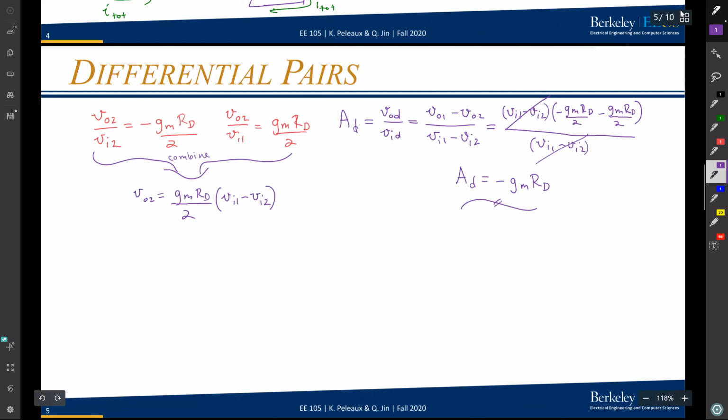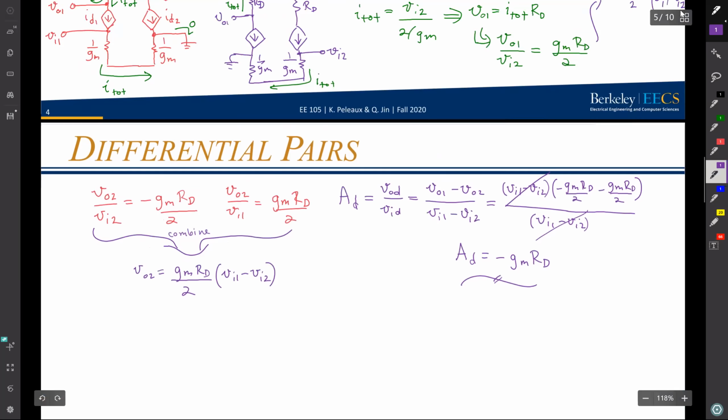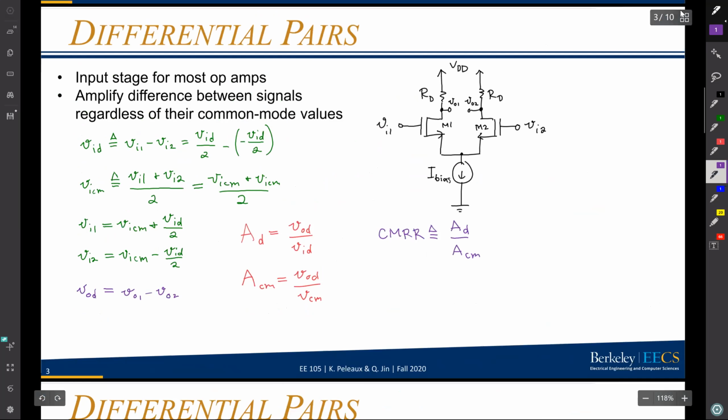And then I mentioned common mode rejection ratio. Like I said, it depends on how you define common mode rejection ratio. But if we have a circuit like this that I've drawn here, what we would actually find is that if we have the same input on VI1 and VI2, so when I say the same input, I'm talking about something like the common mode voltage, then the resulting output on VO1 and VO2 is going to be the same, right?